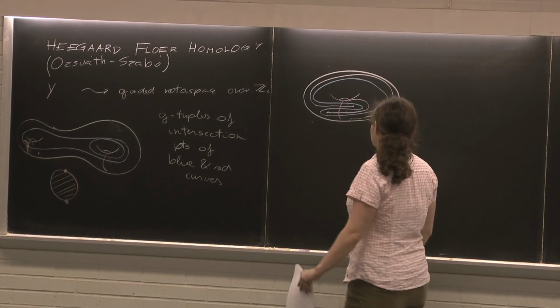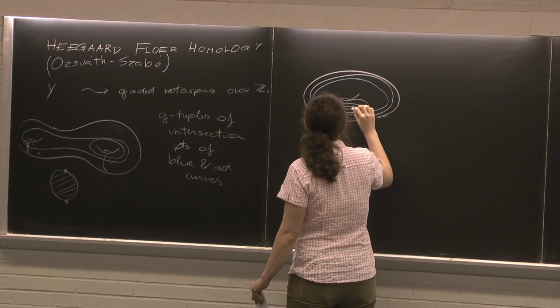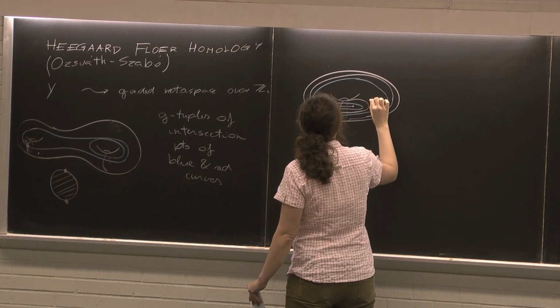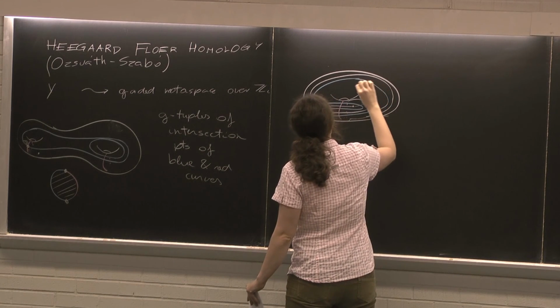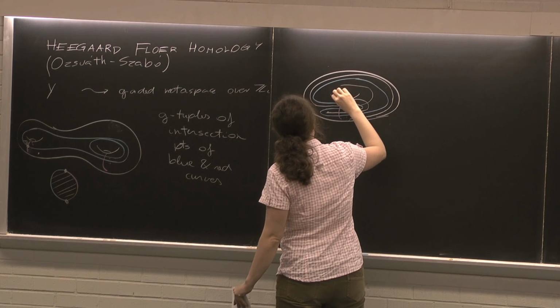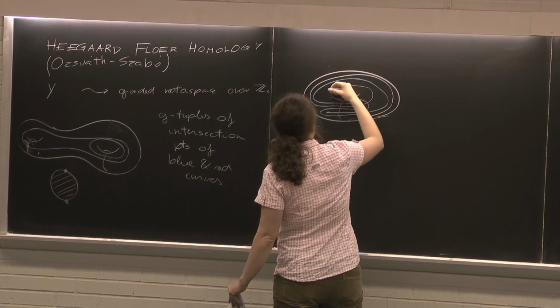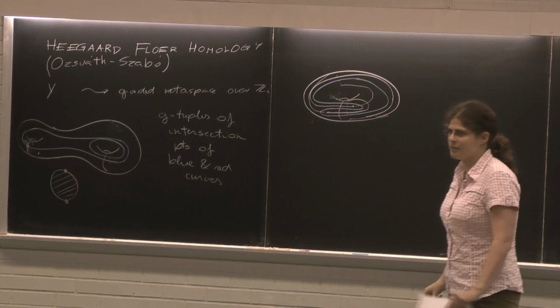And then when you want to cross in the complement of the alpha curves, you can just do this, go around again, no, the other way, and then finish it like this.